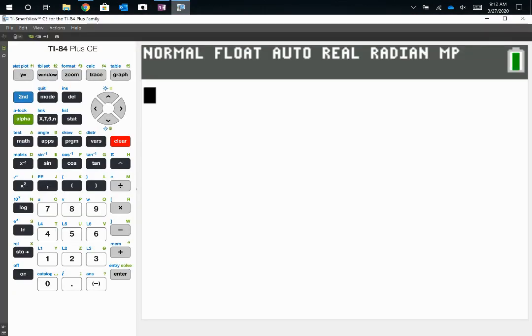I've got 135 squared minus 4 times negative 16 times negative 33.